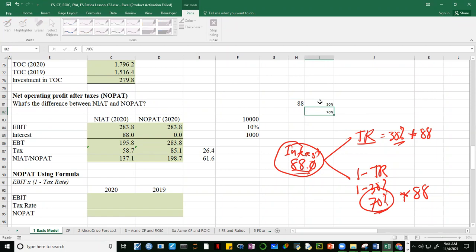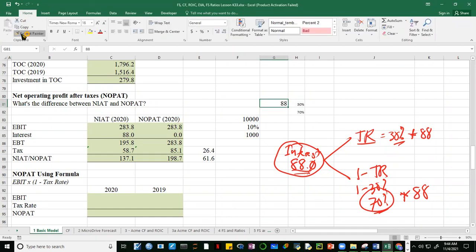Let me move this here. So I'm just going to multiply this, fix this, multiplied by 30%. So that's where we got, guys, 26.4.